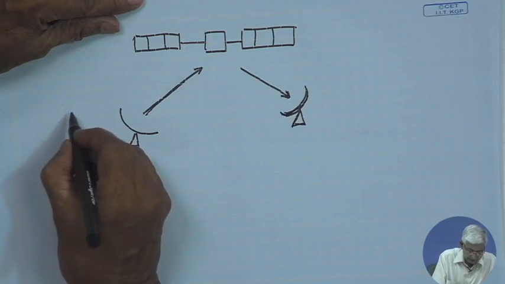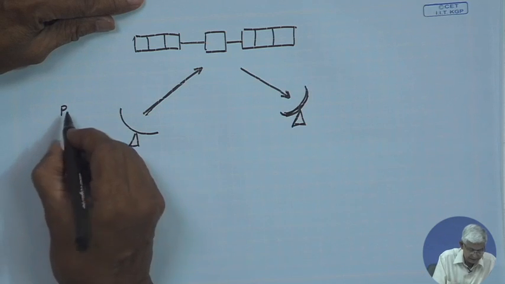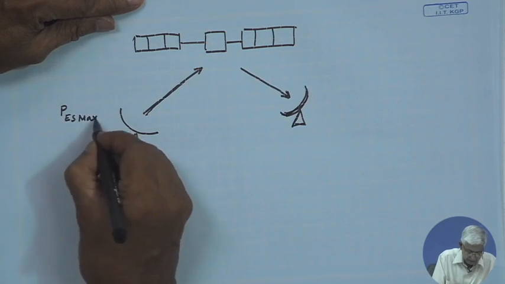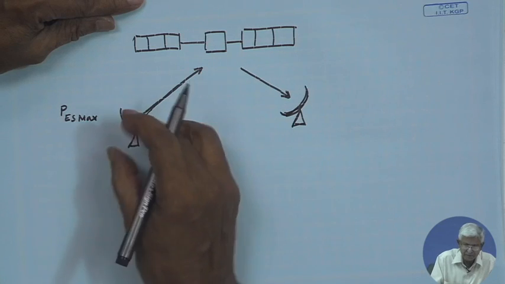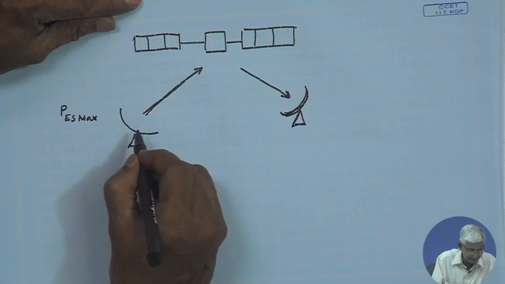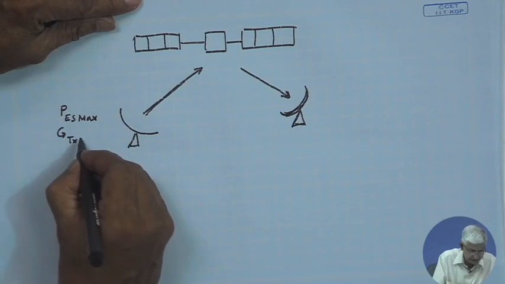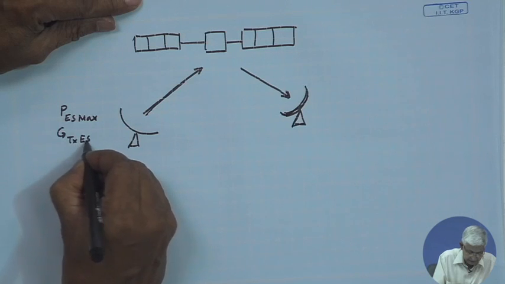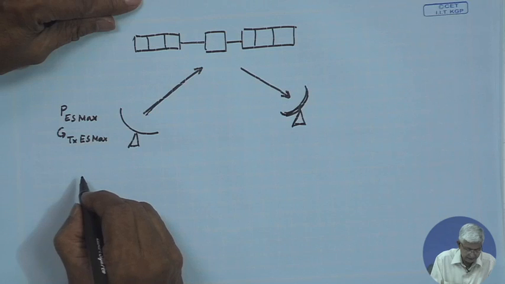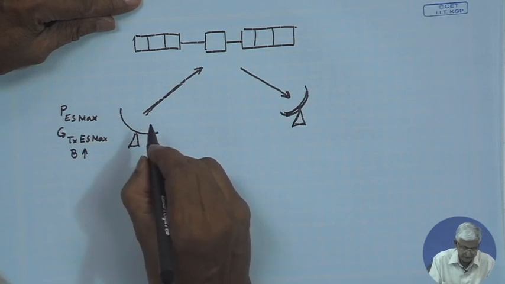So, let us term it. The power from this uplink station we call the power of the earth station, maximum power, and when I say maximum power, it is the power amplifier output minus feeder loss, etc., which is appearing at the satellite. The gain of the transmit station will take maximum, it is pointed towards the satellite, and the bandwidth is the uplink bandwidth.